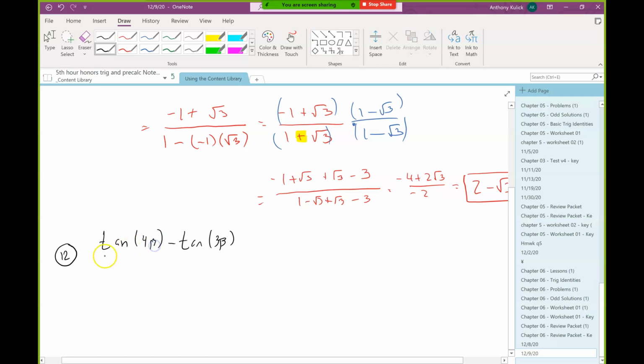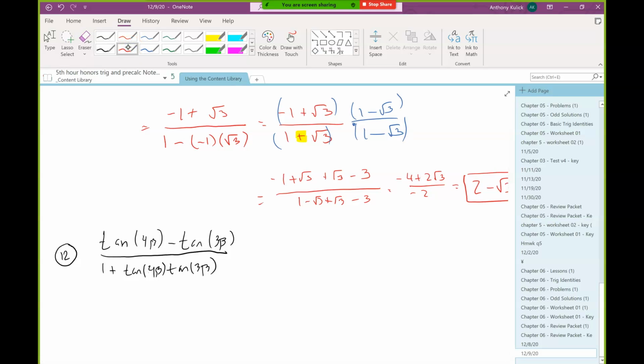So this says to write it as a single trig function, so I have tangent 4 beta minus tangent 3 beta divided by 1 plus tangent beta times tangent 3 beta. So I just need to go back and look at my identities to see which one this matches up with.